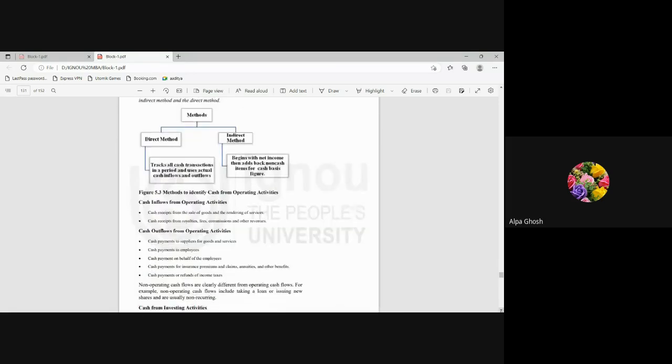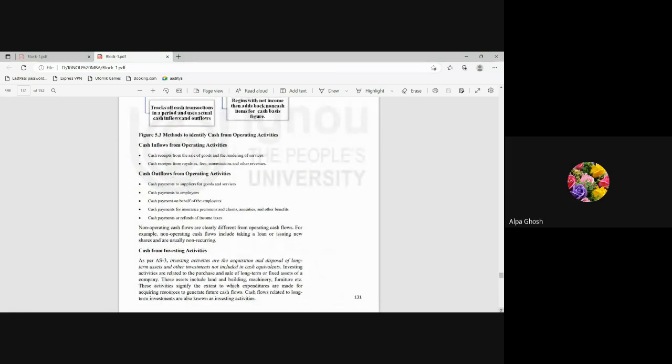So when we talk about cash inflows from operating activities, what are the activities which are included in operating? They are your cash receipts from the sale of goods and by rendering of services, and cash receipts from royalties, fees, commission, and other revenues.